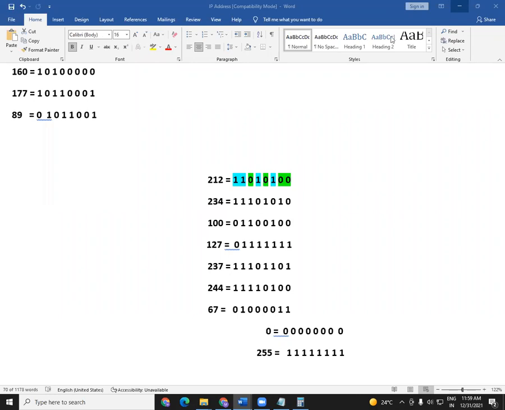Done. I hope the answers are correct. They are matching with me. If any conversion is incorrect, please try to correct me. But I guess I'm correct here. All these things are correct. All these decimal numbers I have converted into their actual binary numbers.